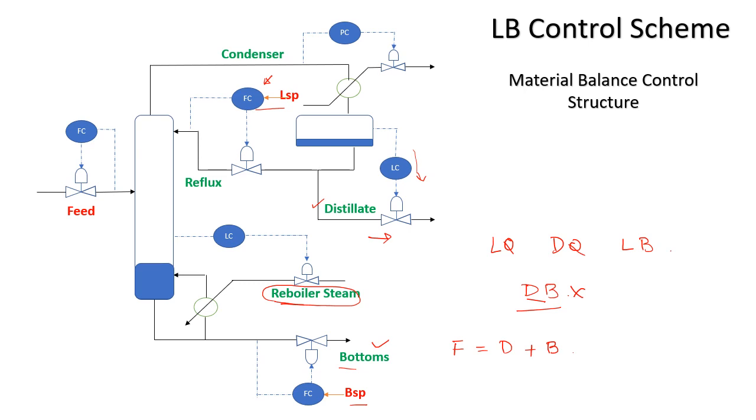These two things are there. Now you cannot control this independently and this independently. It is only possible in the case of a super fractionator, right? If it is a super fractionator, then only this DB control is used. Otherwise, DB control is a strict no-no.